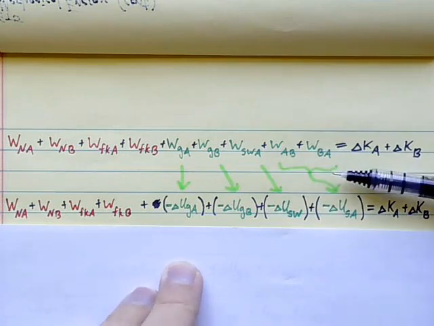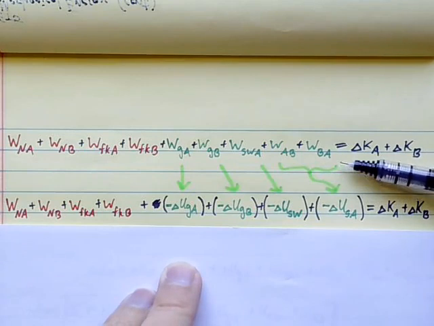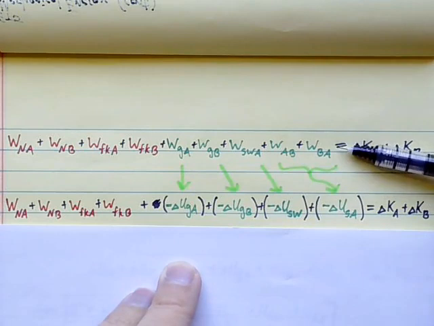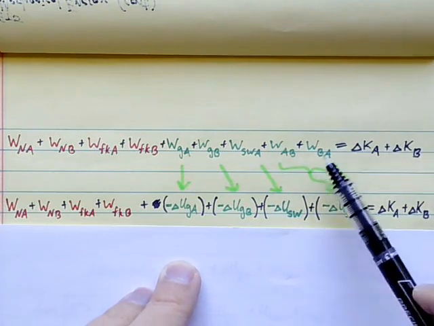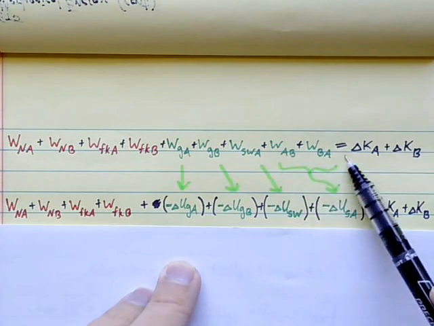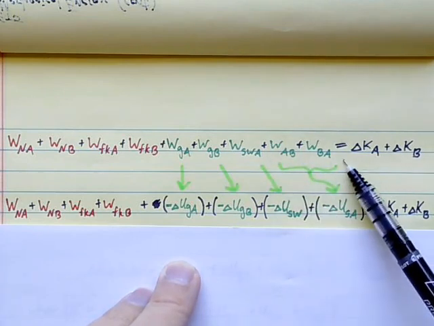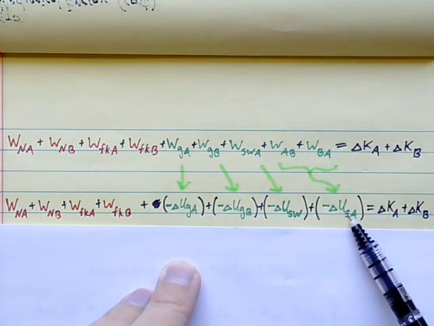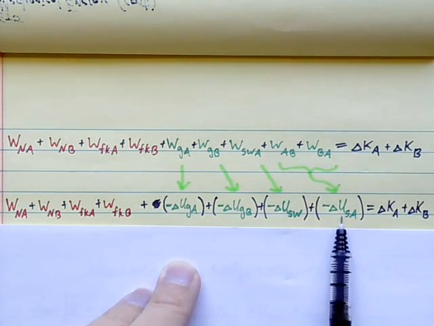So I'm arguing that this is one of those subtleties I mentioned at the top. I'm arguing that the works done by the spring on A and B, those both represent transfers of kinetic energy to and from the spring potential energy.